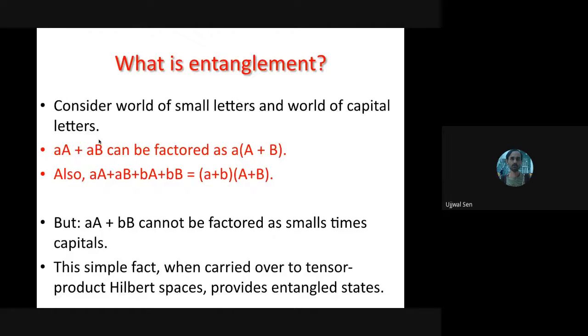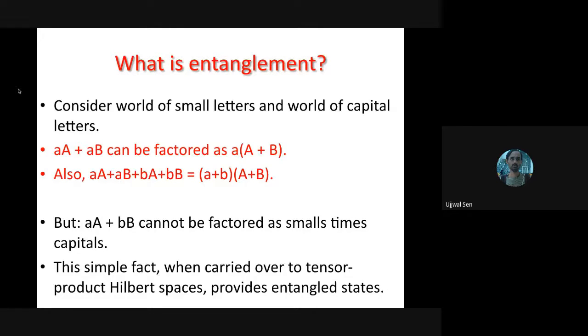Now consider, in the second line, I write a into capital A plus a into capital B. Such expressions we all have learned in school, in our first chapter of algebra, and we know that this can be factorized, and you can write it as a into (capital A plus capital B). There can be more complicated expressions, like in the second line, and you do some tricks with it, and you can show that this can also be factorized.